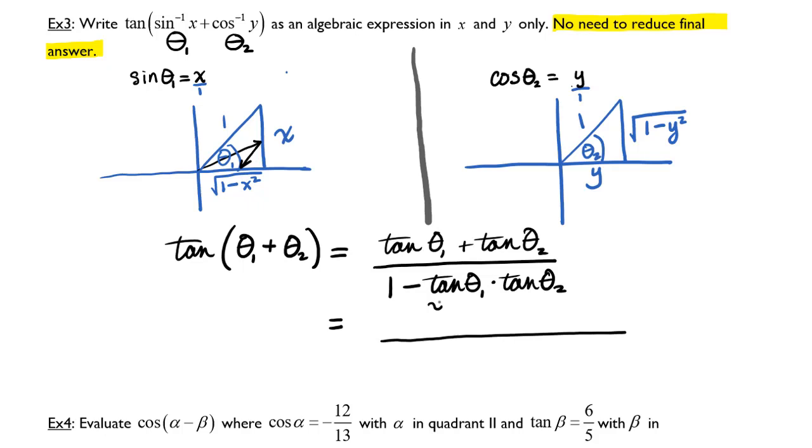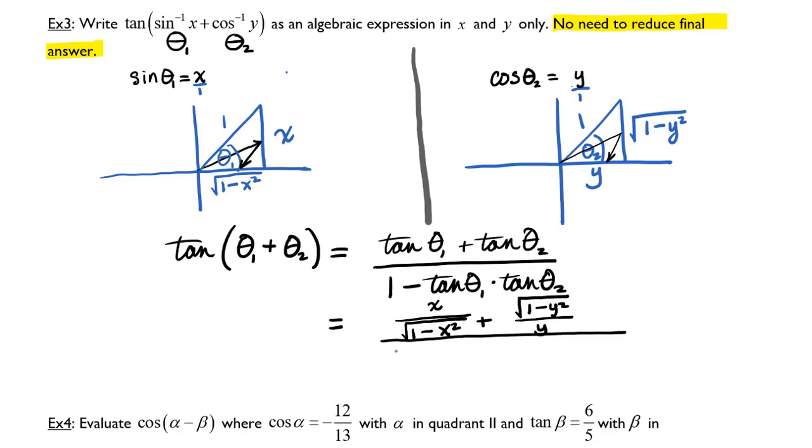So opposite over adjacent, x over the square root of 1 minus x squared, plus tangent of theta sub 2, that is opposite over adjacent again, which is the square root of 1 minus y squared, all divided by y.